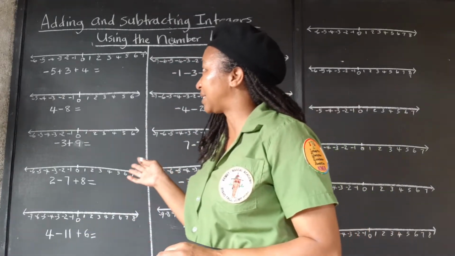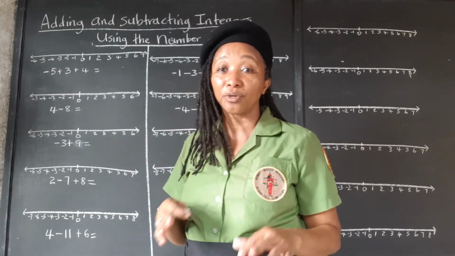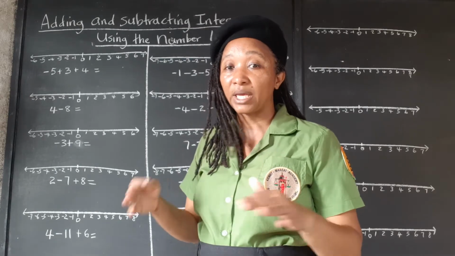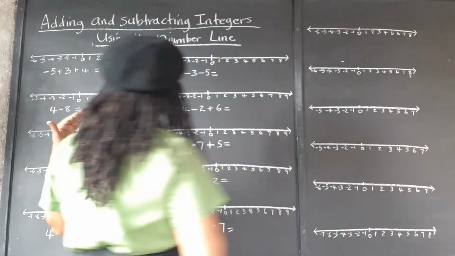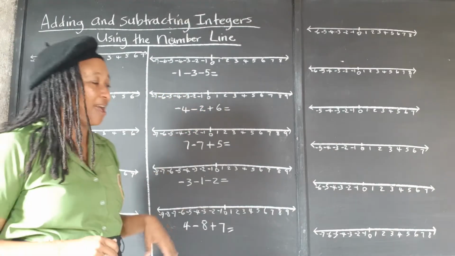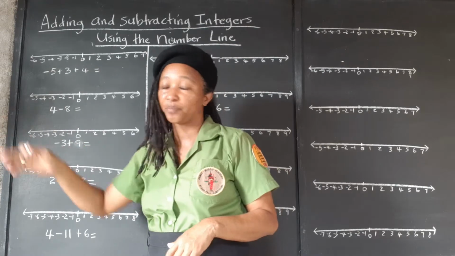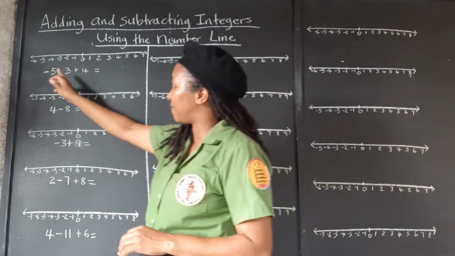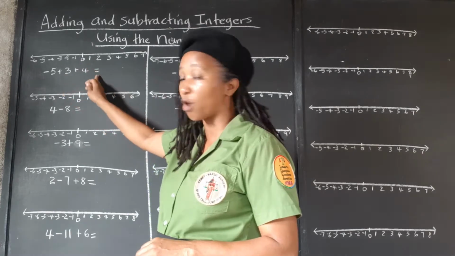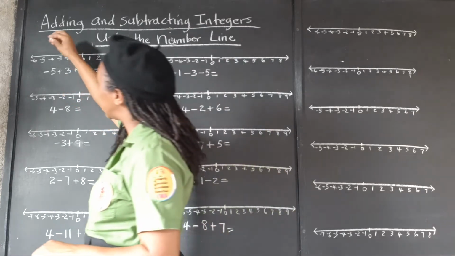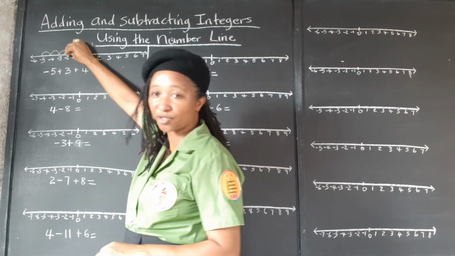So we'll start -5 plus 3 plus 4. Just remember, if we're adding, we keep moving to the right. This way, to the right. If we're subtracting, we move to the left. Okay? So we start at -5, and we're going to move 3 places to the right, and then 4 more places to the right. So we start at -5, 1, 2, 3 places to the right.